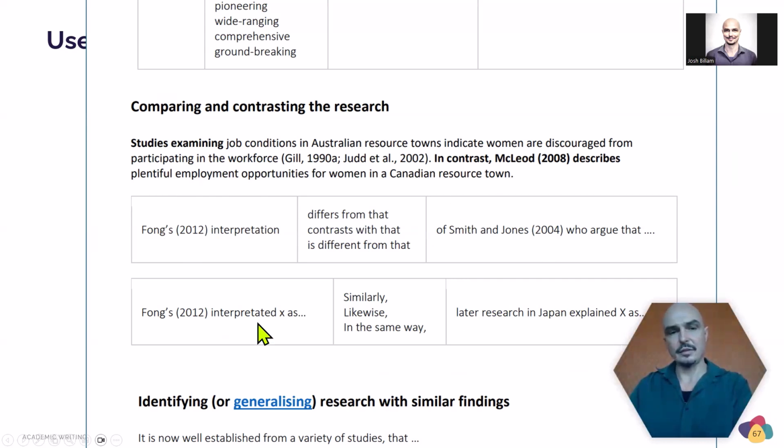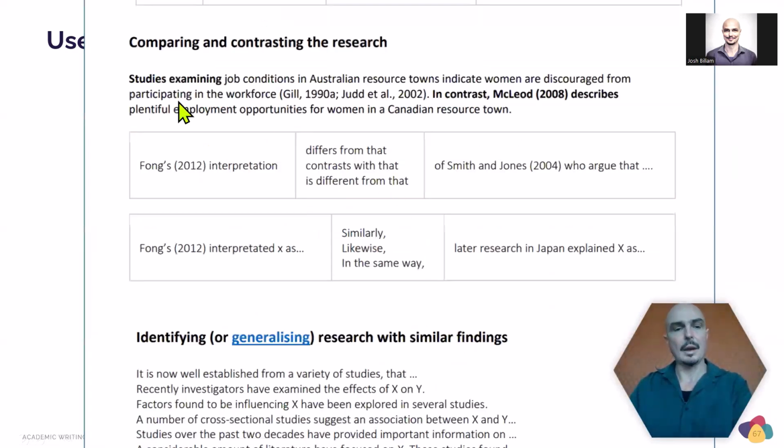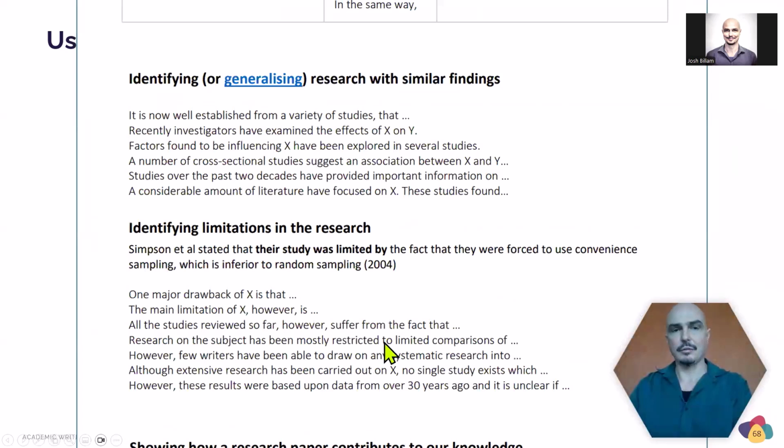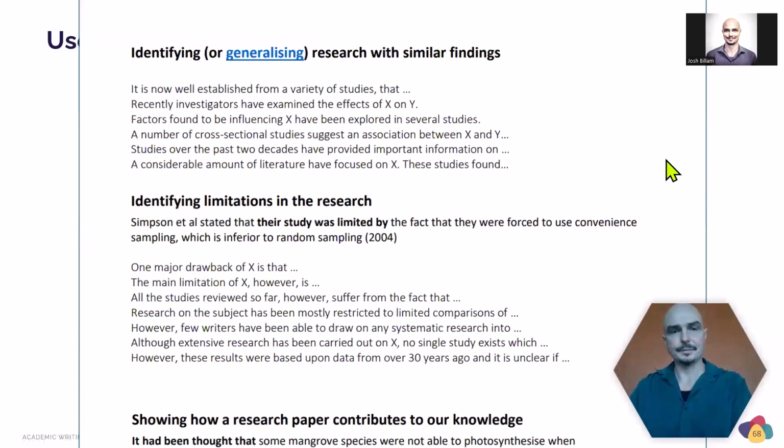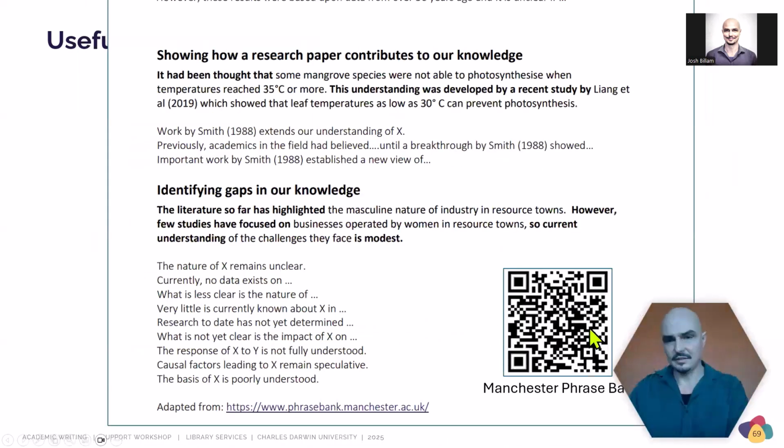So that shows differences, and this one shows similarities. These people in the same way found, etc. And there's little chunks for how to generalize findings of research. One drawback is, one limitation is, etc. So yeah, get onto the Manchester Academic Phrase Bank.